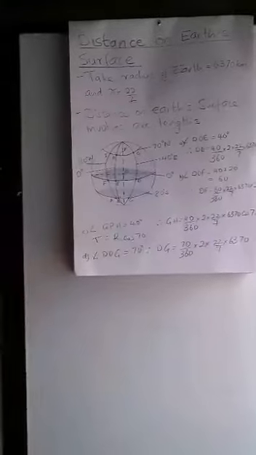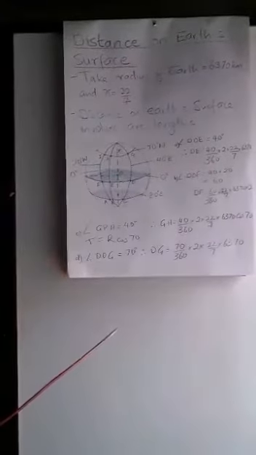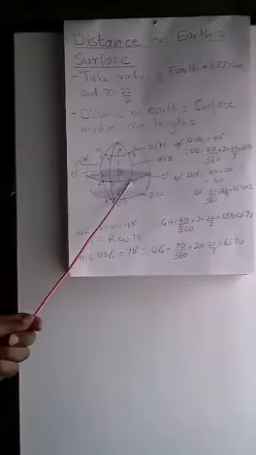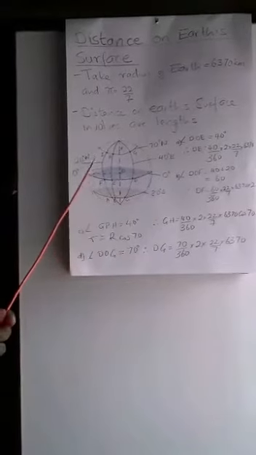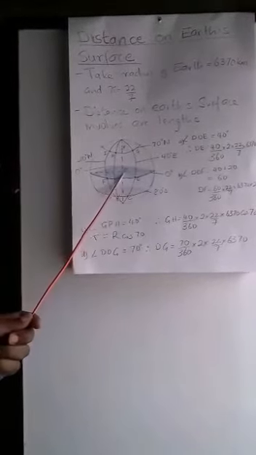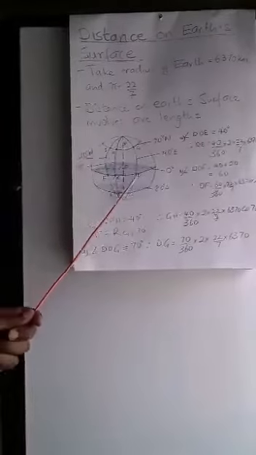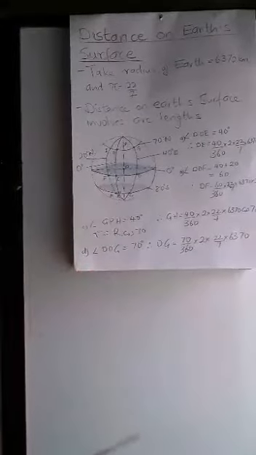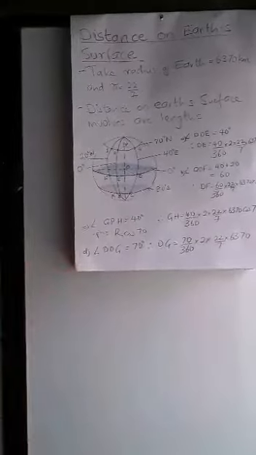All right, let us now look at DF. Arc length DF subtends a total angle of, this was 40 and the other one is 20. So the total angle subtended by DF is 40 plus 20.